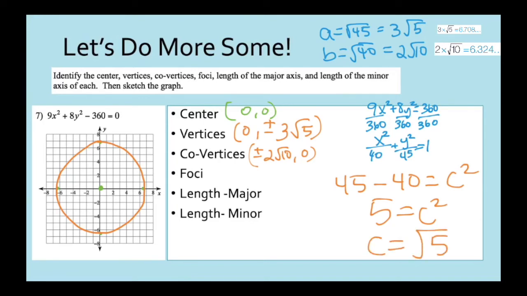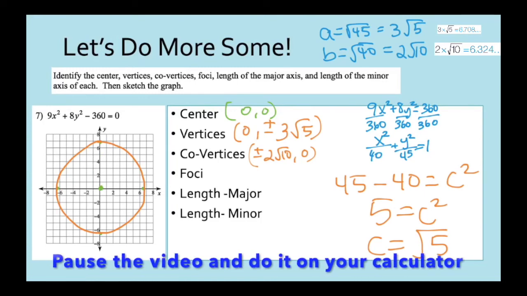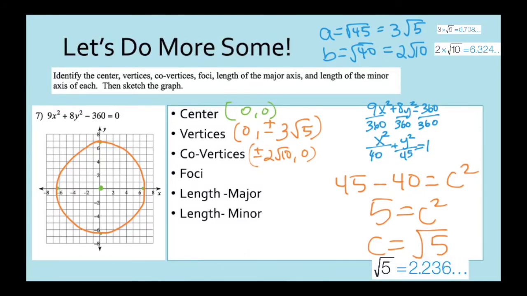And our foci come out on our major axis in this direction. You need to put that into your calculator and estimate that also. Go ahead and pause the video and come back when you're done. Square root of 5 is about 2.2, and it comes on the major axis, which is up here. And 2.2 is about right there, down below. And our foci, the ordered pair that goes with it, is 0, comma, plus or minus square root 5.